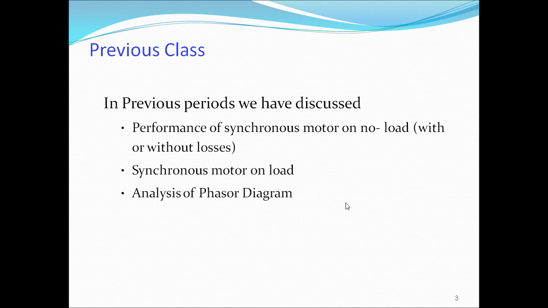As the load increases, the load angle alpha increases. When alpha increases, automatically the back EMF EB increases and it produces more armature current. This armature current produces more torque, and that torque bears the load which is connected to the motor.